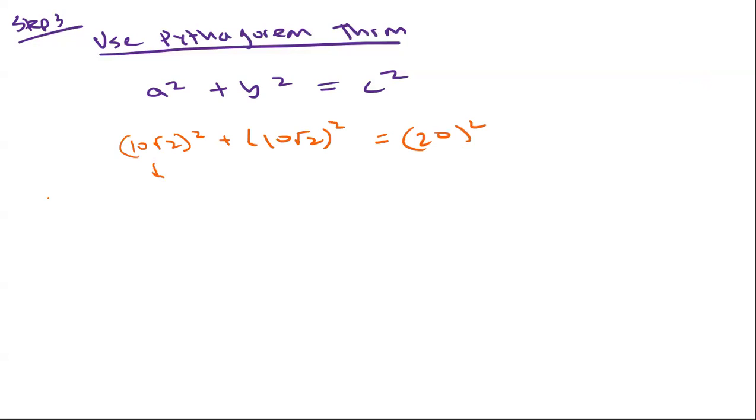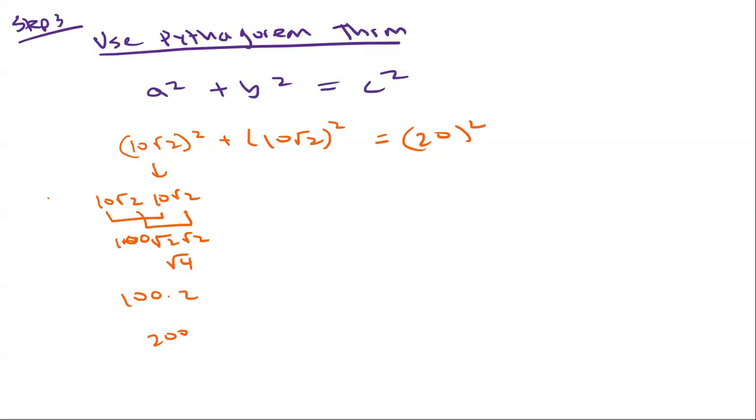So this 10 radical 2 squared means I write 10 radical 2 two times. 10 times 10 is going to give us 100. And then radical 2 times radical 2 is going to give us radical 4, which is just 2. So we'll have 100 times 2, which is going to give us 200.